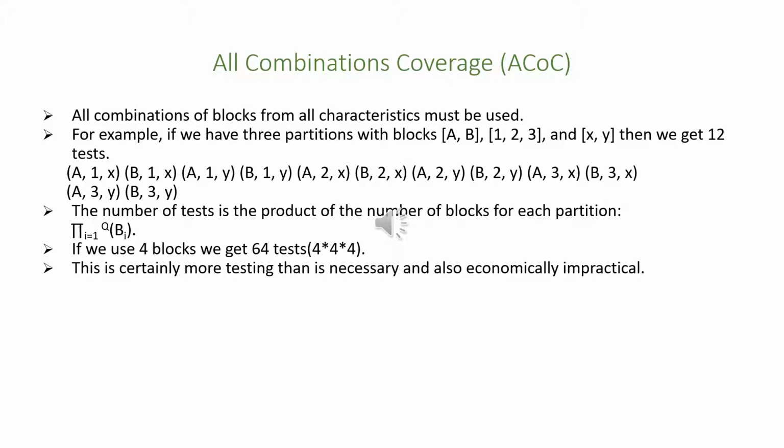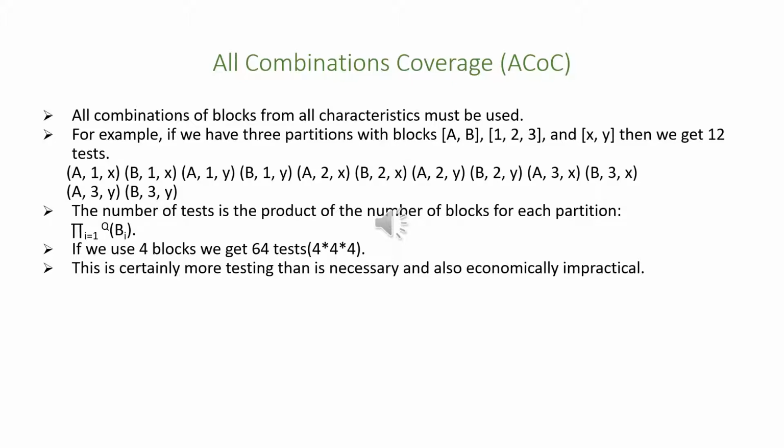So here is our first strategy: all combination coverage. For all combination coverage, we must consider all combinations of blocks from all the characteristics. Let us consider an example with 3 partitions with blocks A, B; 1, 2, 3; and X, Y. For this, we get 12 tests, which are A1X, B1X, and so on up to B3Y. The number of tests is the product of the number of blocks for each partition.